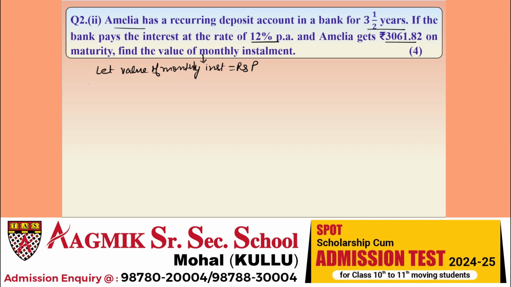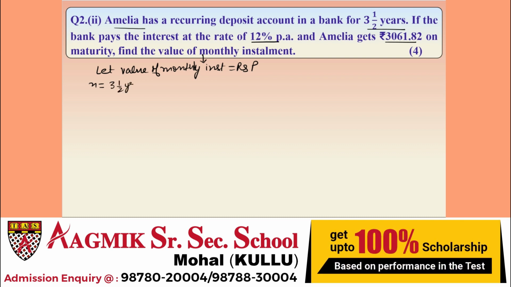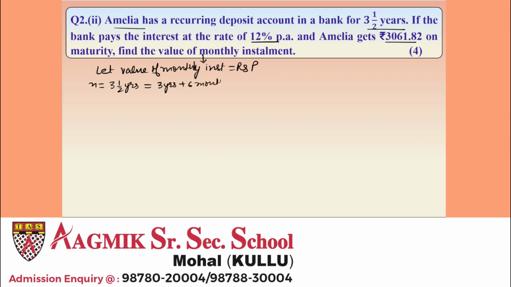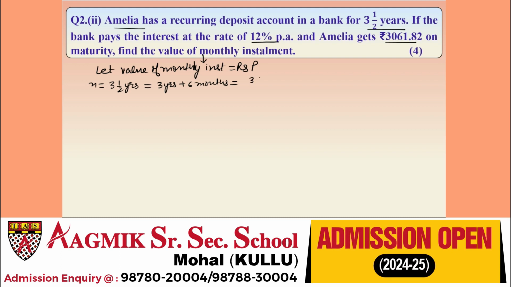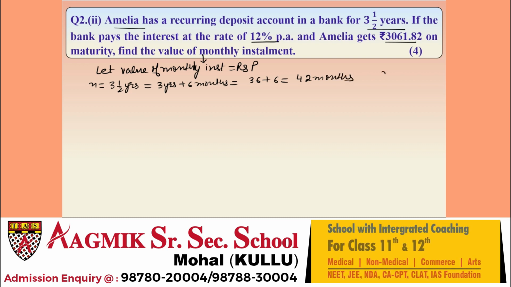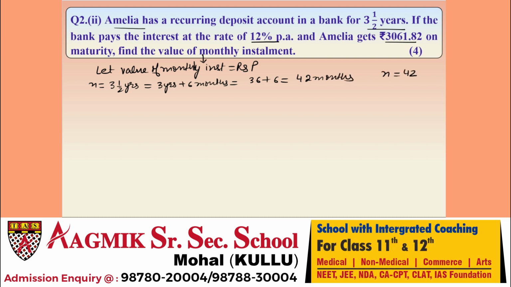We have n as 3.5 years, so let us convert it into months. 3 years means 36 months plus half year means 6 months. So in totality we have 42 months. So n will be equal to 42. Is it alright? Number of months.